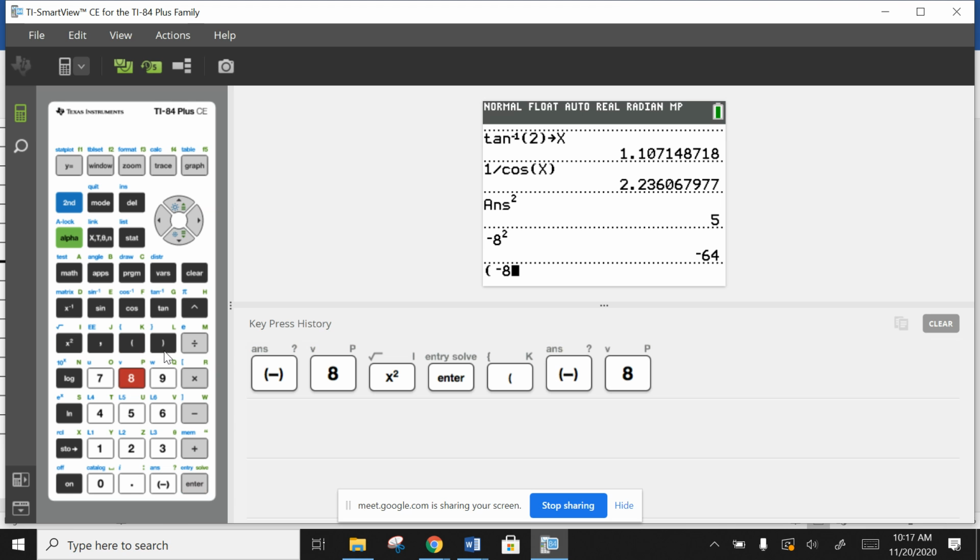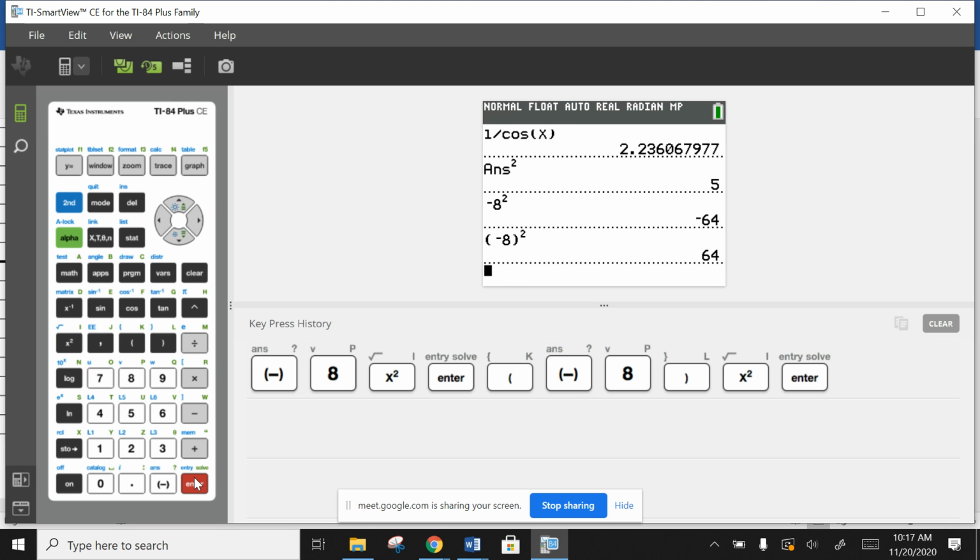Whereas if I plug in the quantity of a negative 8, squared, that's going to give you a positive 64. This is the one that we want right here. So if you're using a calculator, make sure you put that into parentheses so that the negative gets multiplied by itself and yields a positive 64.